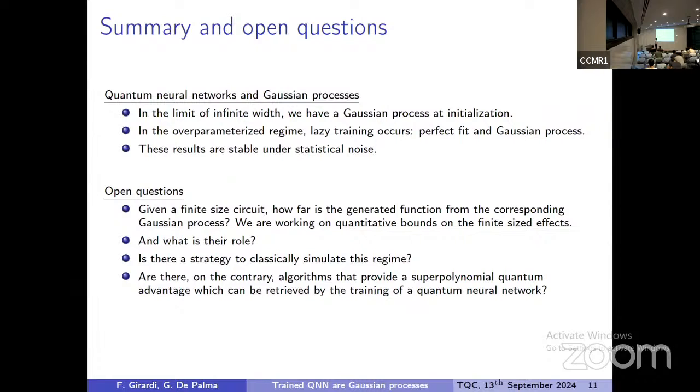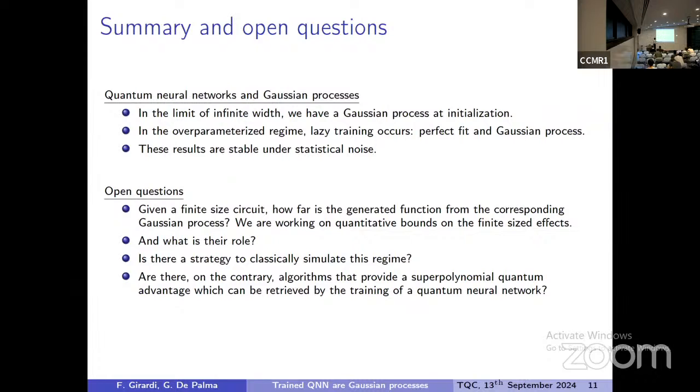All these results are stable under statistical noise up to a polynomial number of measurements. And so the step in the future might be, first of all, to give a quantitative bound to find the discrepancy of the result. So the discrepancy between the probability distribution of a finite size circuit and the corresponding Gaussian process. And we are working on these bounds in order to understand better the speed of convergence.